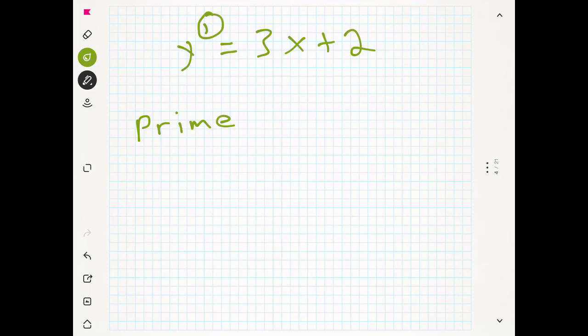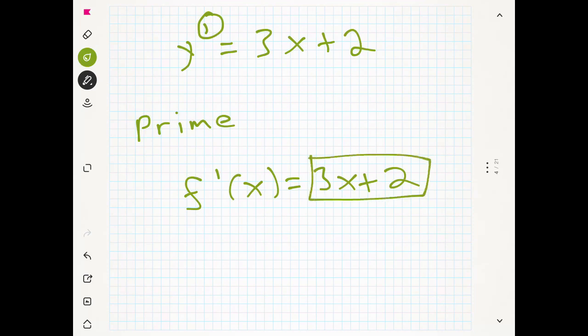So the way we say it is y prime is equal to 3x plus 2. Or if I use the f prime of x example, f prime of x is equal to 3x plus 2. What this is saying is that this function right here is the derivative of the original function, which in this case is just an example. So this is how we can represent derivatives in the Lagrange notation.